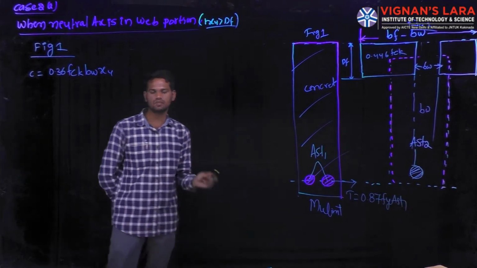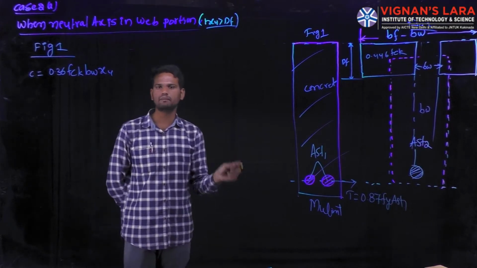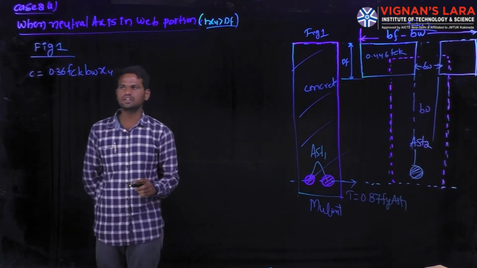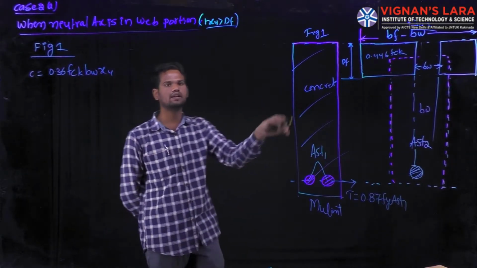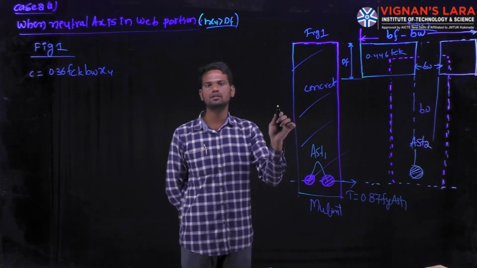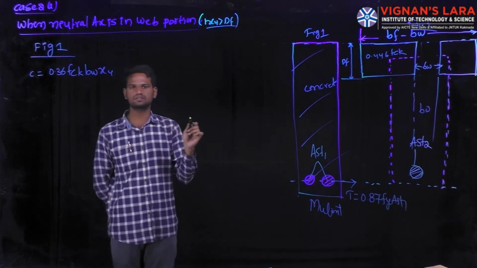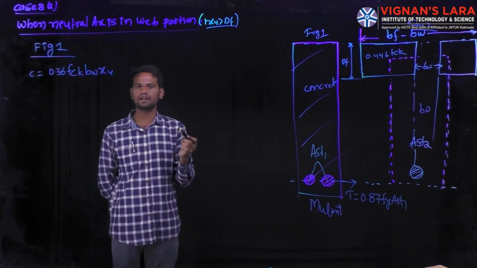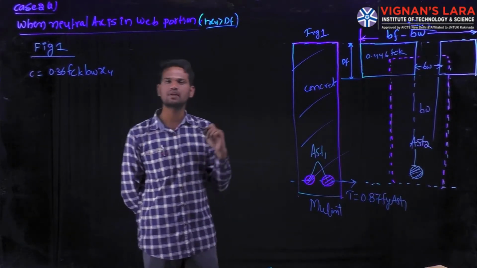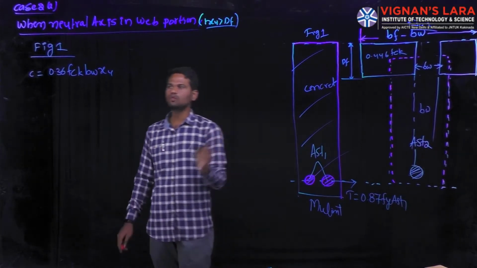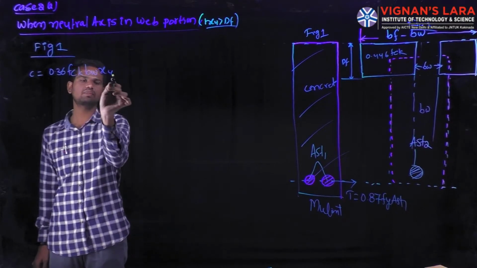Here we have some number of bars. From the diameter of the bar as well as the number of bars, by calculating you will get the total area of the steel. From this regular diagram, the total compressive force acting on this particular rectangular beam we already know. If you draw the singly reinforced beam stress strain diagram, that means stress and strain as well as stress block parameters, by calculating the neutral axis depths x1 and x2 as well as compressive forces c1 and c2, you will get the total compressive force as C equal to 0.36 into FCK into BW into x1.